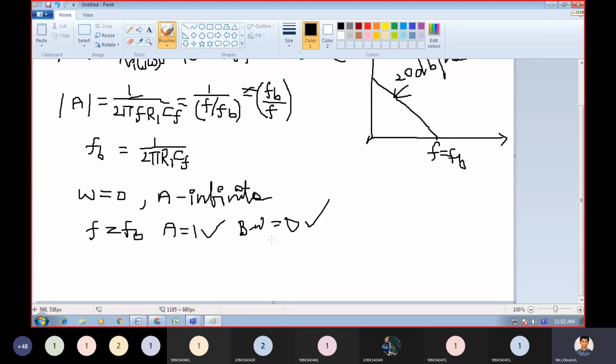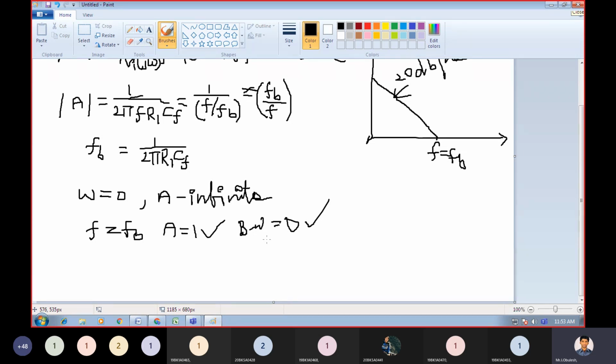Okay, so we need to know that at DC, the feedback capacitor CF behaves as an open circuit. There is no negative feedback in the circuit. If CF becomes an open circuit, there is no feedback path for the integrator circuit.